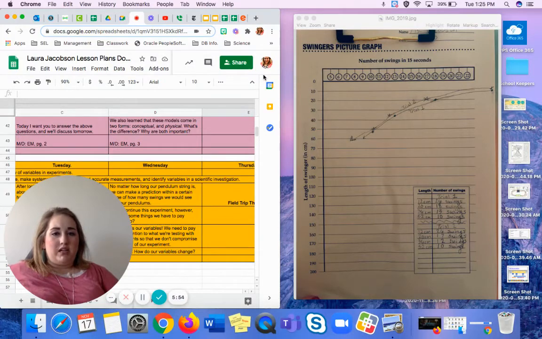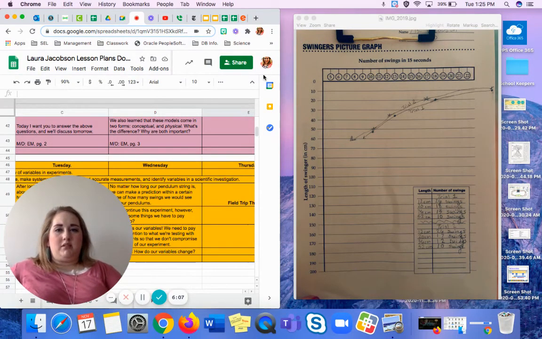So what I want you to do today is pick a variable. Pick one part of our experiment and tell me how you think it would change the outcome of our experiment if we altered it a little bit.